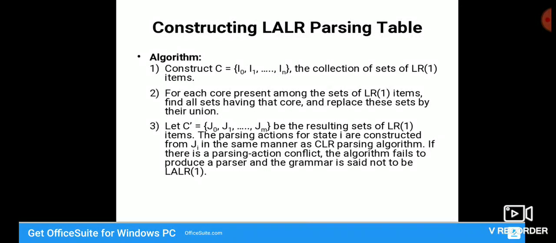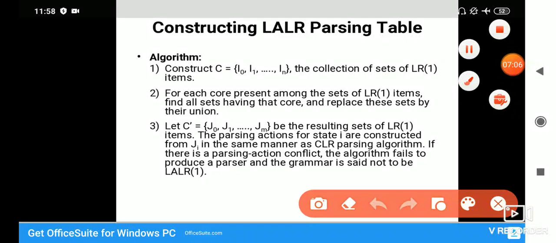So now we will look into the algorithm. In a simple manner, if I say the conclusion of this algorithm, it is very simple. First of all, we will proceed in the same manner as we did for SLR and CLR. Given the grammar, we first create the augmented grammar.